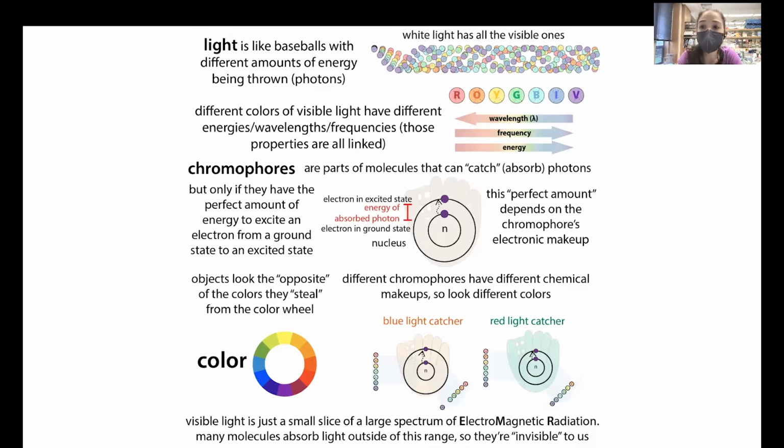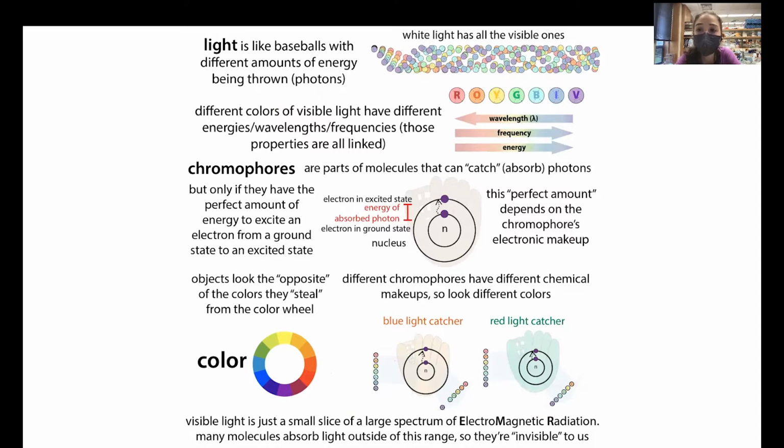And then molecules called chromophores, which are parts of molecules that can catch or absorb these photons. And as we'll see, if it's the perfect amount for that chromophore, it'll absorb that light. Different molecules will have different differences between how much energy is needed to excite one of their electrons.